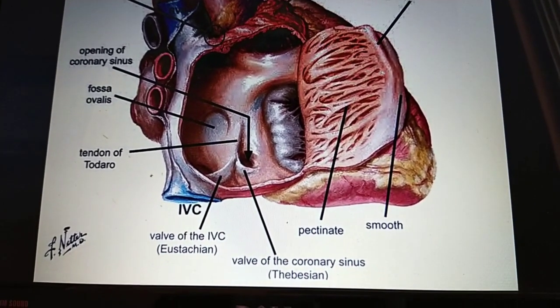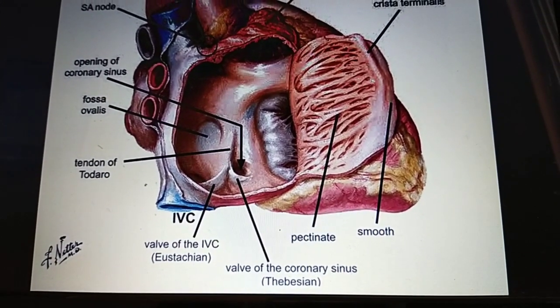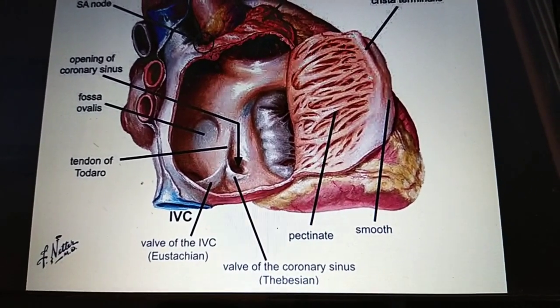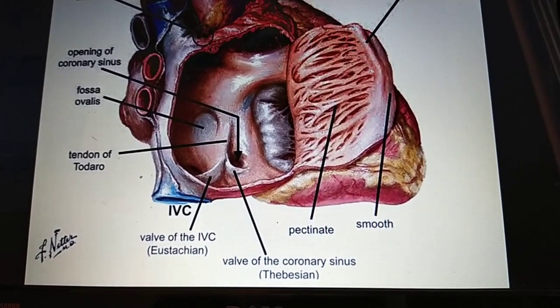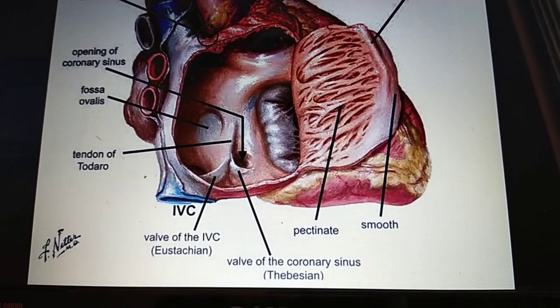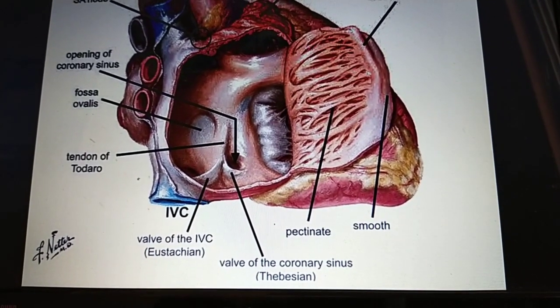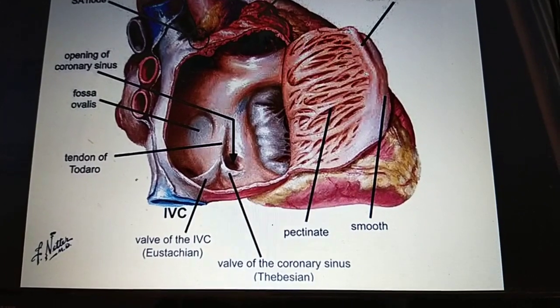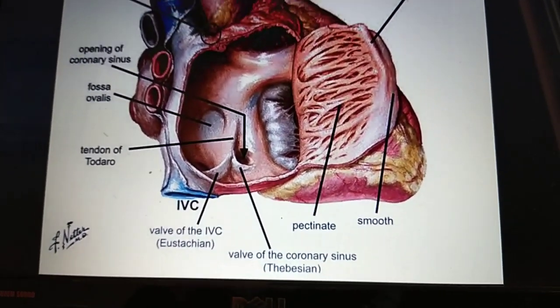It drains the deoxygenated blood from the muscles of the heart, and it opens into the posterior wall of the right atrium. That is known as the coronary sinus, or opening of the coronary sinus, and it has its own wall.